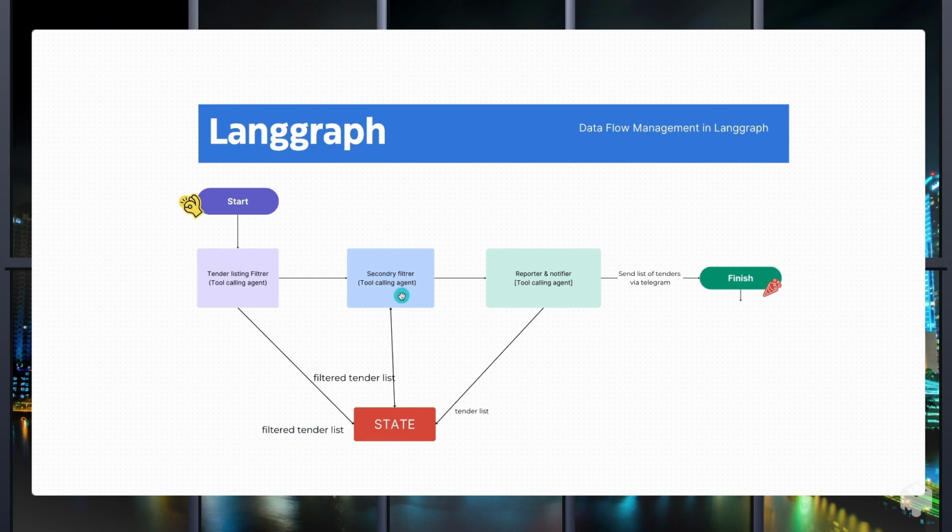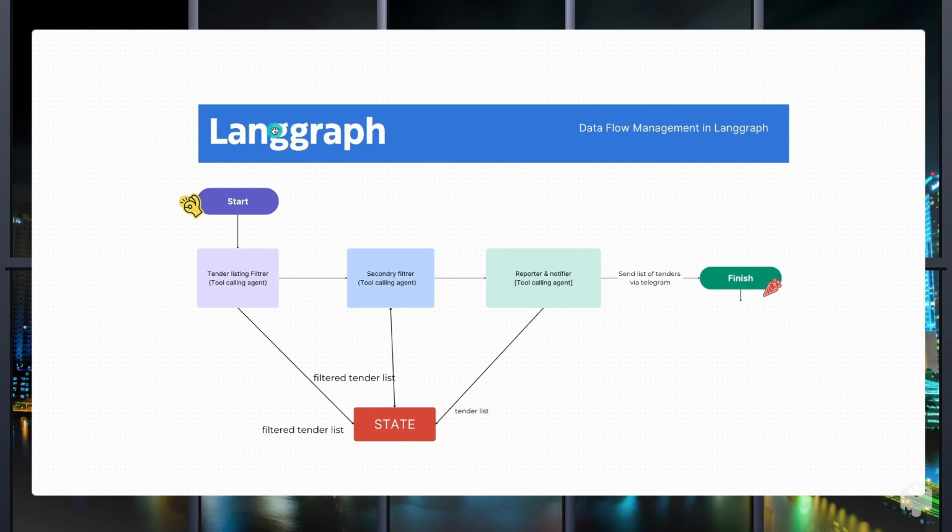Then the process goes to the secondary filter, which would access the state variable and get the filtered tender list from there, and then perform the secondary filtering and the secondary scraping. Then the process will go to the last function, which is the recorder and the Telegram function, and the Telegram function will be able to access the final filtered tender list and then send the list of tenders. So this is how the data flows.